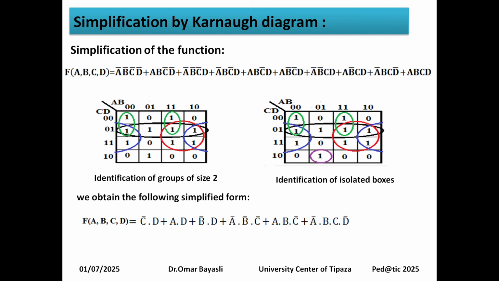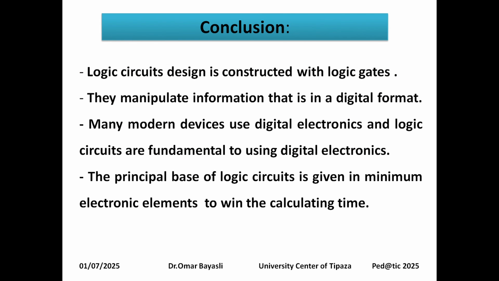And we finish with the identification of isolated boxes with groups of only 1 element. After that, we write and we obtain the following simplified form of the function f of a, b, c, d, given by the following form.